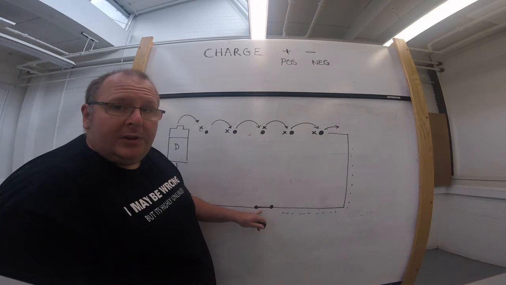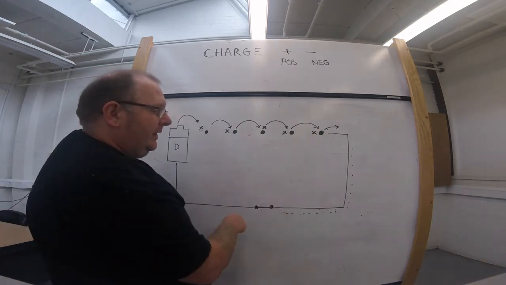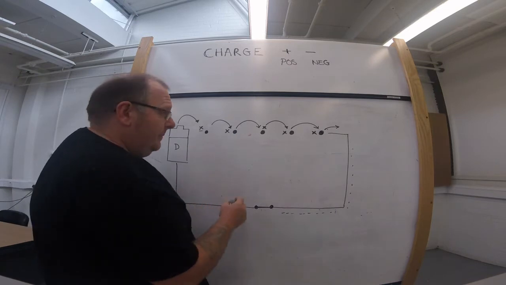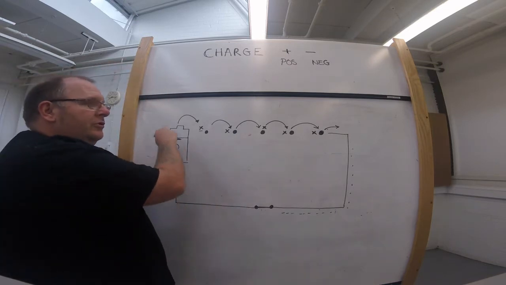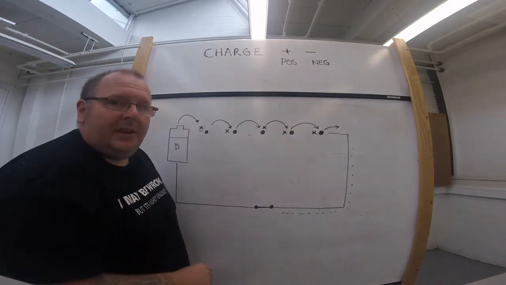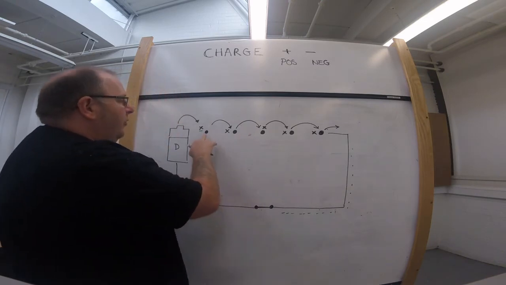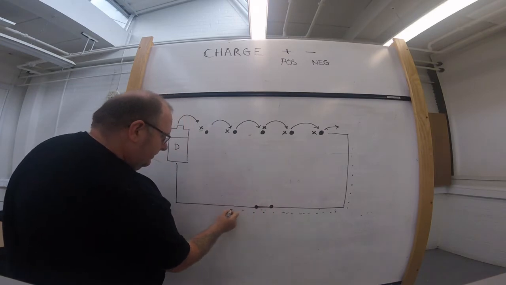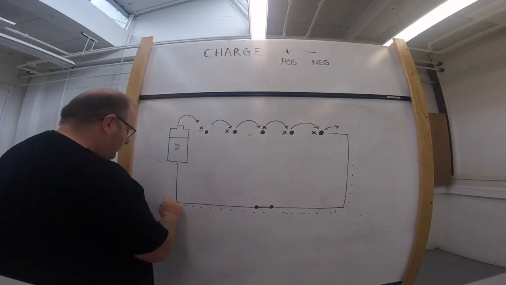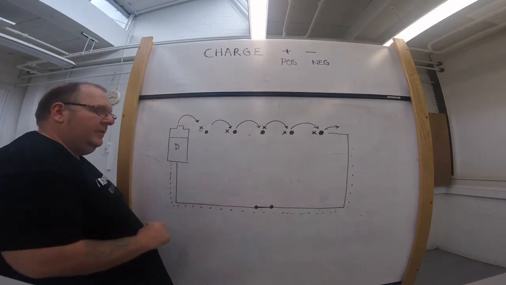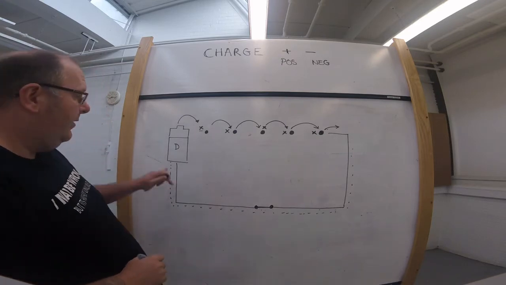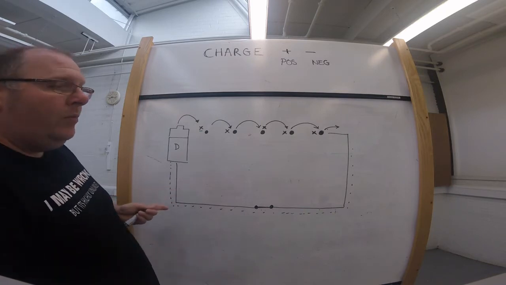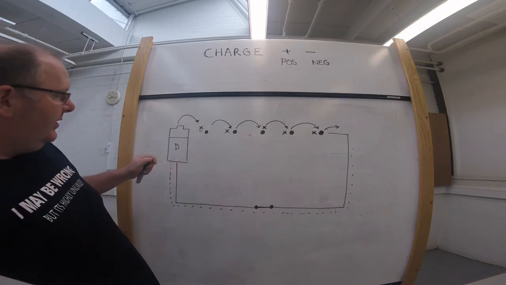We need to close that switch so that there is a complete loop, a circuit. And when that circuit's made, the battery will push these electrons into the circuit, and they will jump from atom to atom until they make it all the way to the other side of the battery. So you might be wondering how the battery manages to do this.